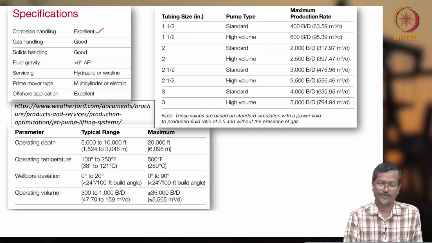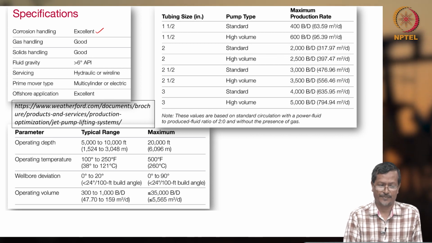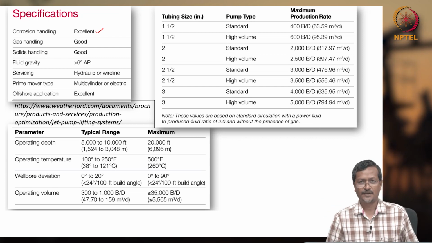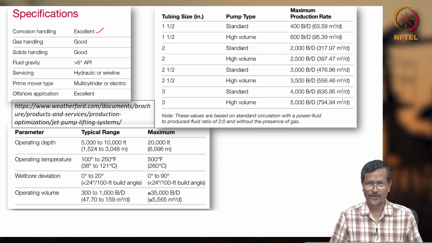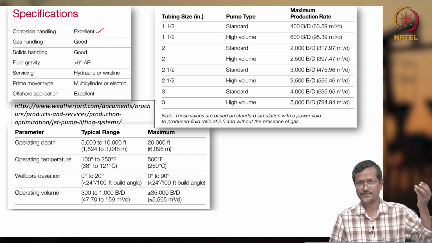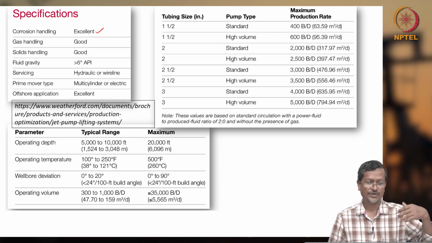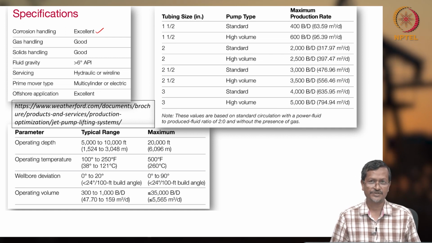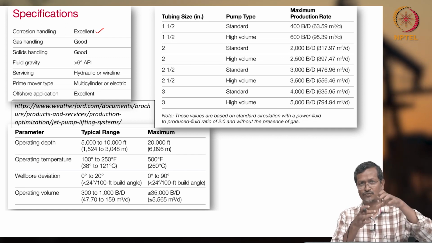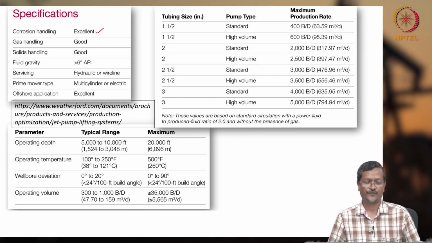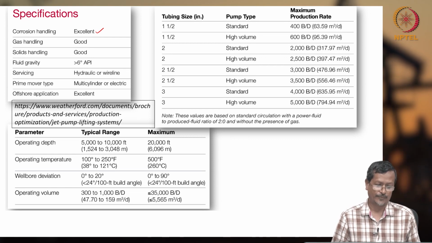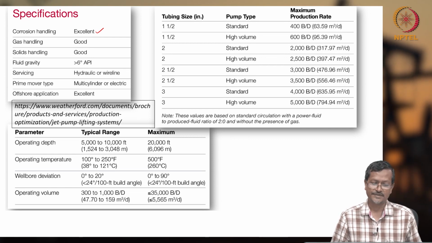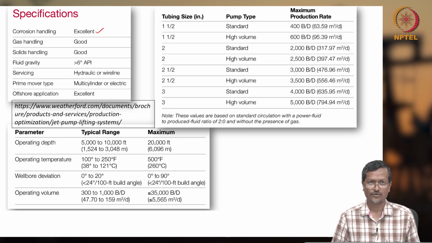High gravity, thick fluid can also be pumped because from the surface you are pumping high pressure power fluid; you can add certain agents or increase temperature so that the fluid gravity changes. Servicing is also easier because only the jet nozzle is there, and you have to retrieve or fix it in the bottom of the wellbore. For prime mover, a multi-cylinder electric engine can be used, and offshore application is also possible.